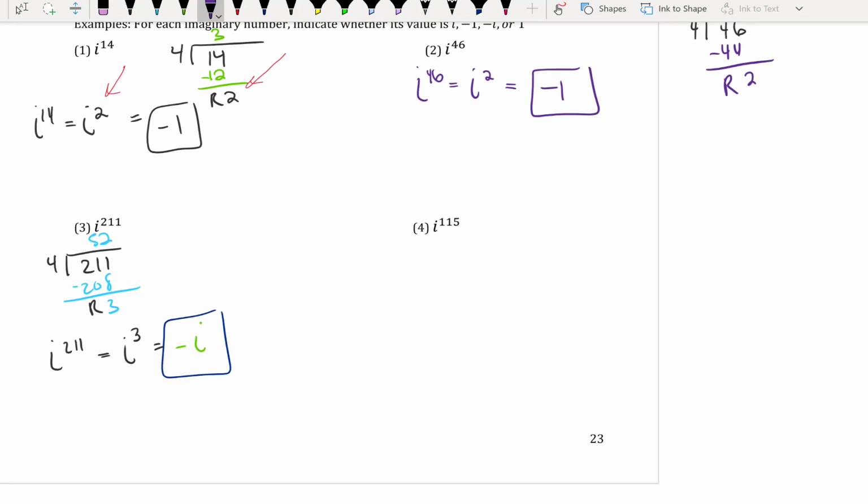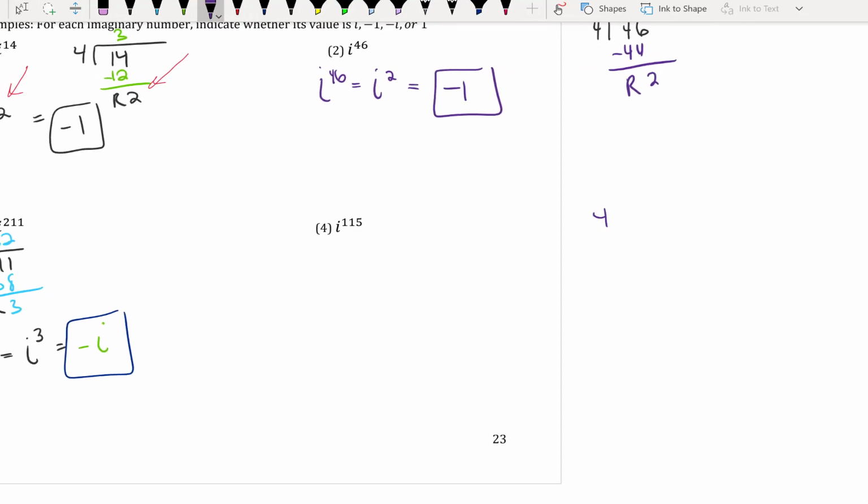Now, for that last one, I'm going to have 4 into 115. That's going to give me 28. So then 28 times 4 gives me 112. 115 minus 112 gives me 3. So I have that i to the 115 is i to the 3rd power, and i to the 3rd power is just -i.